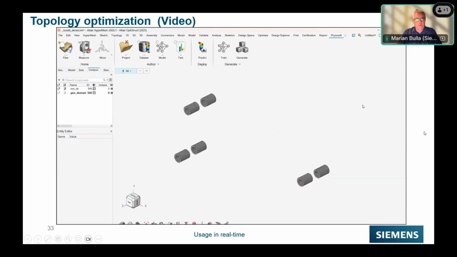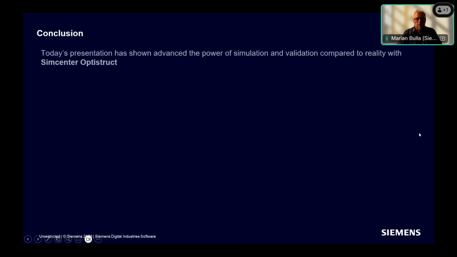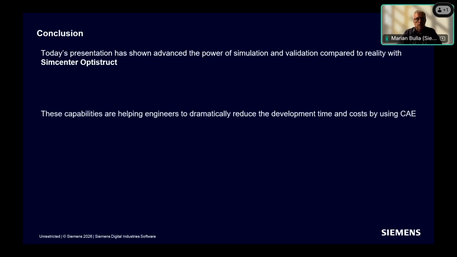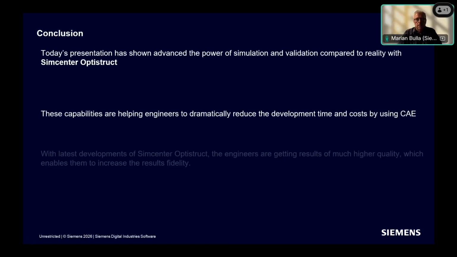So this brings me almost to the end. In conclusion, today's presentation has shown the power of advanced simulation and validation compared to reality with Simcenter Optistruct. These capabilities are helping engineers to dramatically reduce development time and costs by using CAE.